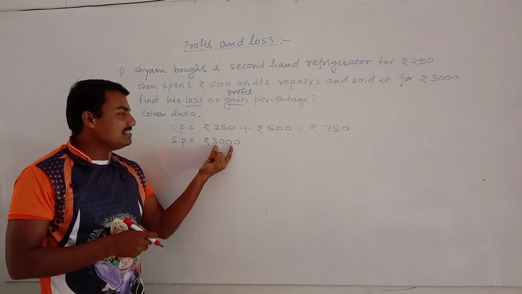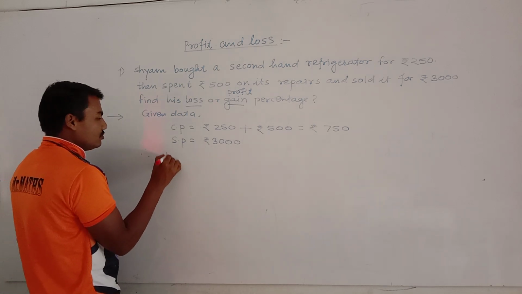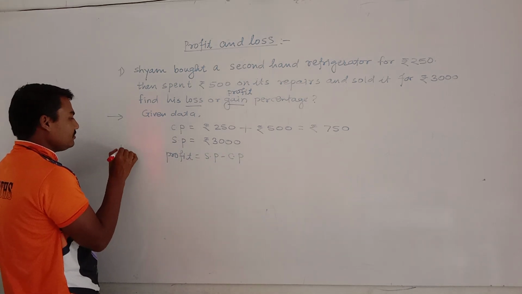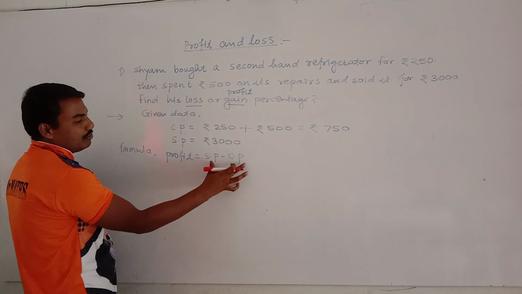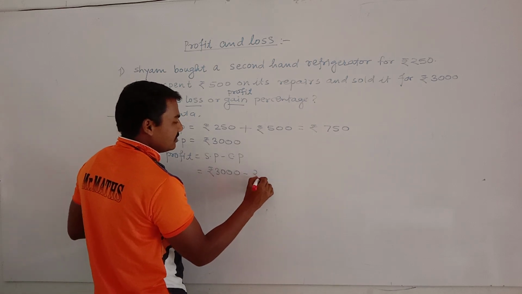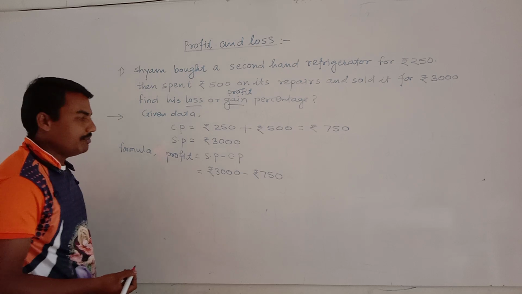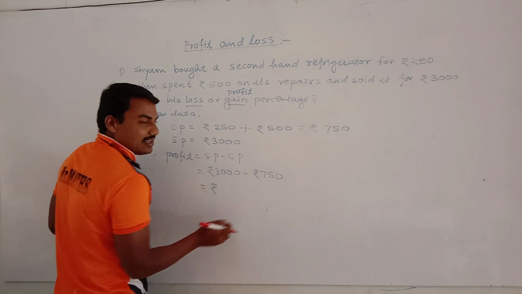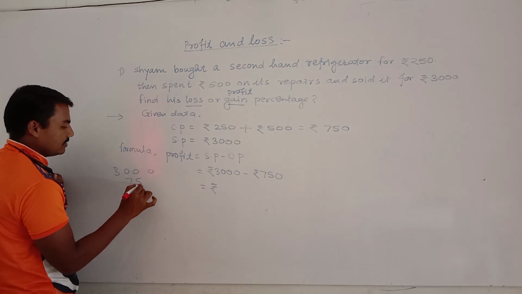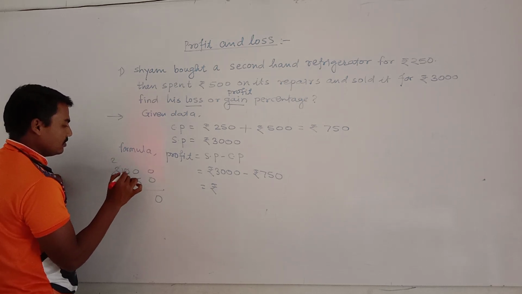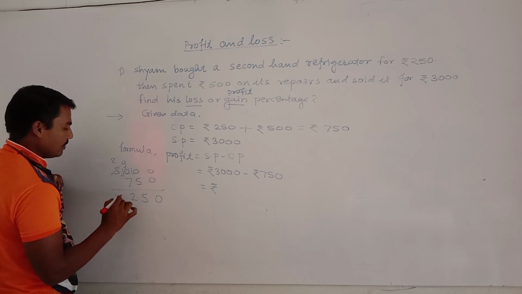Now which is greater? Selling price is greater, means profit is there. Okay, so profit is equal to selling price minus cost price. This is the formula. Okay, formula: profit is equal to SP minus CP. So SP is rupees 3,000 minus cost price is rupees 750. So answer is how much? 3,000 minus 750. So 3,000, 1, 2, 3, 7, 0, 5, 2 and 2.